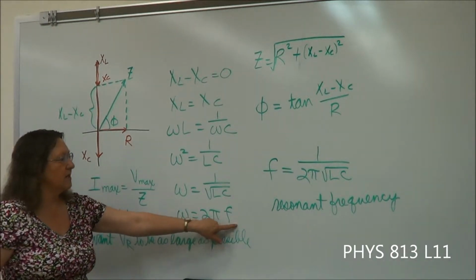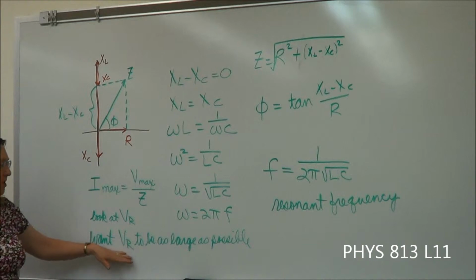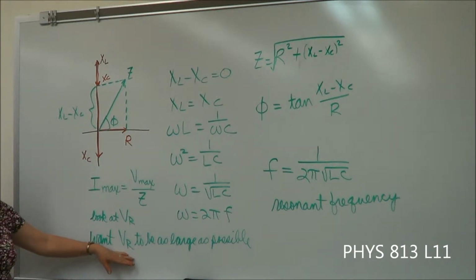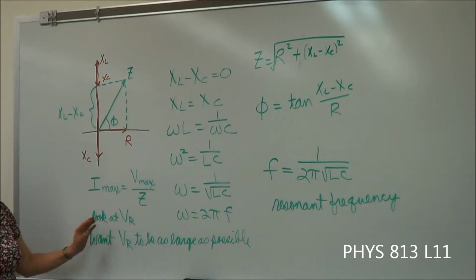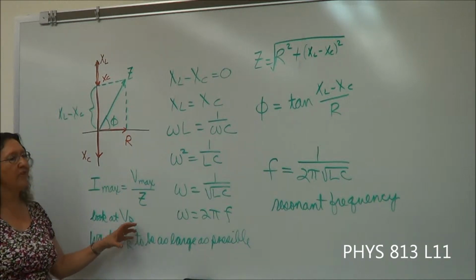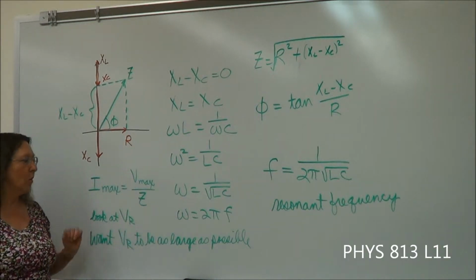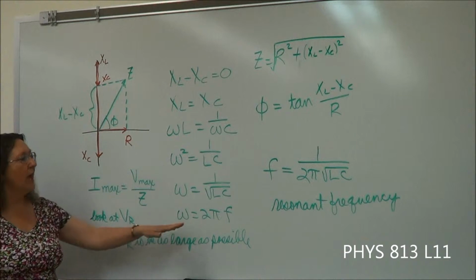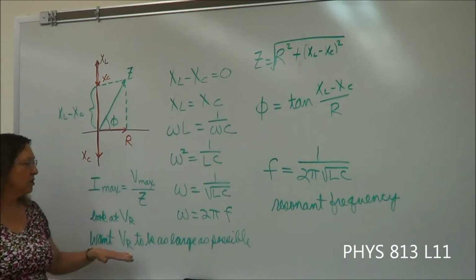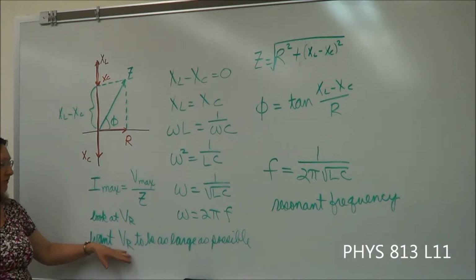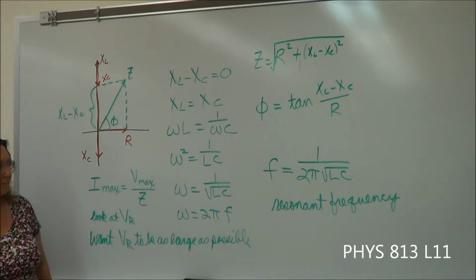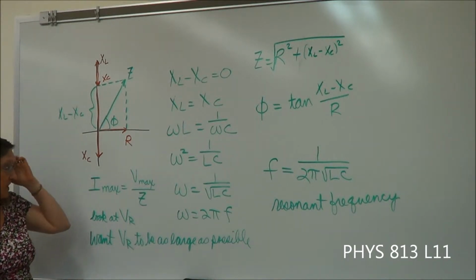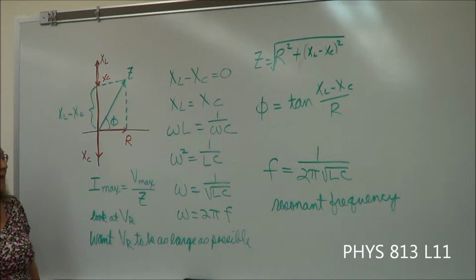We're going to vary this frequency and watch what happens to the voltage across the resistor. And we don't need to know what the voltage is. We just need to know at which frequency do we get the largest voltage across the resistor. So I think this is basically what we have as theory.